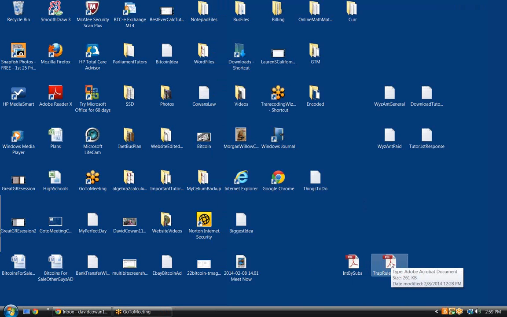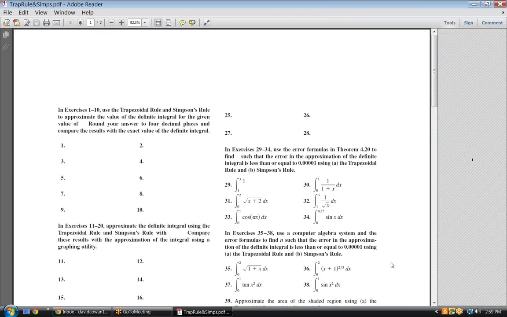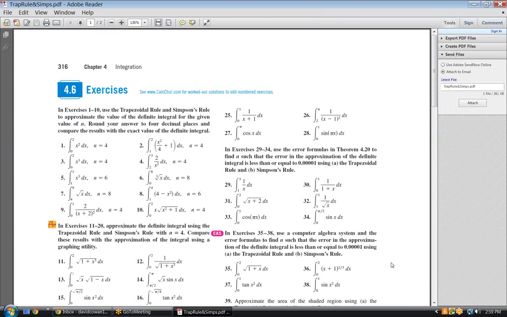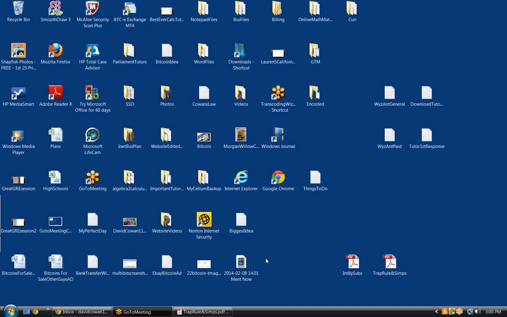Let me just say one thing about why all of a sudden we're looking at trapezoidal rule. Why are they going backwards here and looking at approximation techniques when we're learning how to integrate precisely? Well, the answer is that sometimes you will get a function that there's no way to integrate.